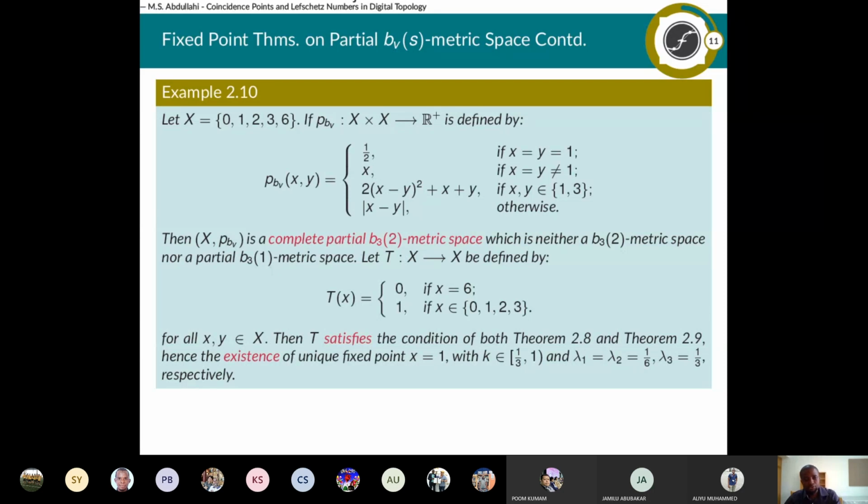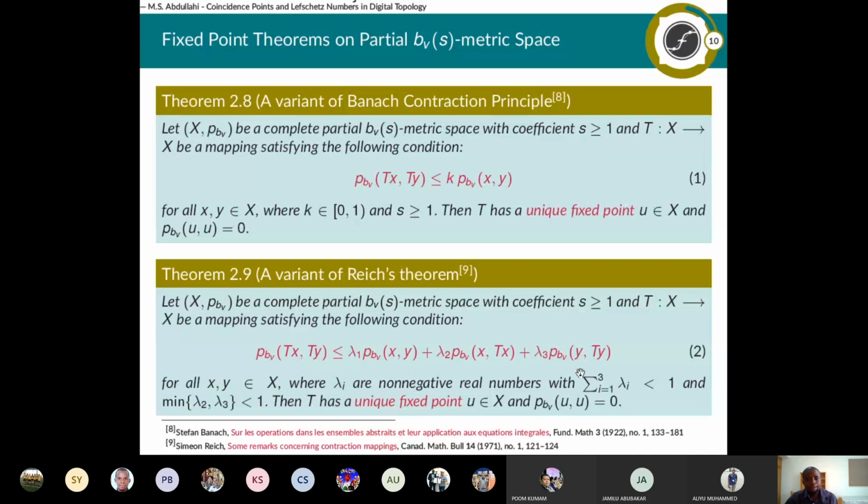We define the metric in this fashion, and we define our mapping to be just 0 if x is equal to 6, otherwise it will be 1. This function T satisfies both 1 and 2.